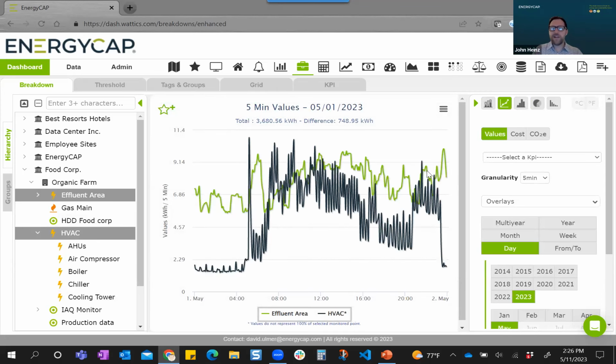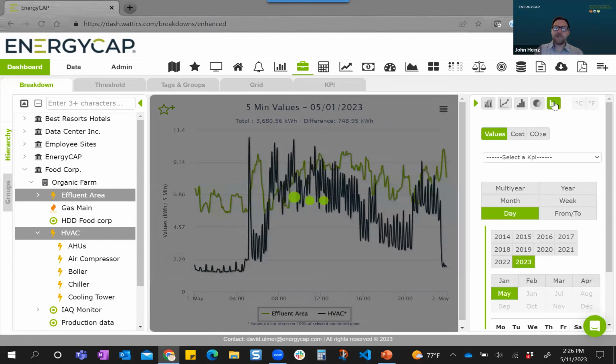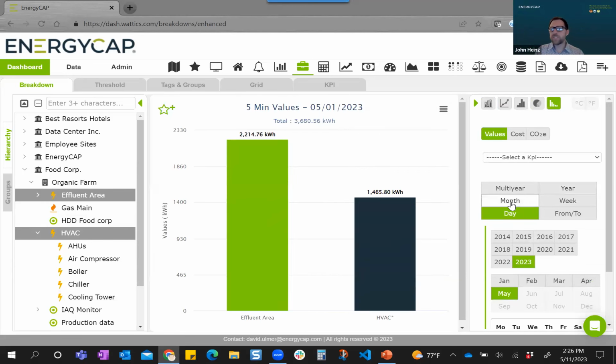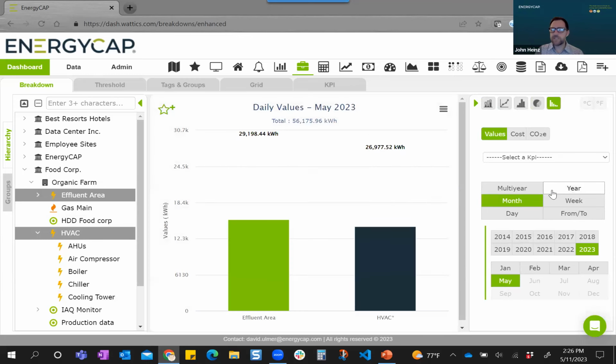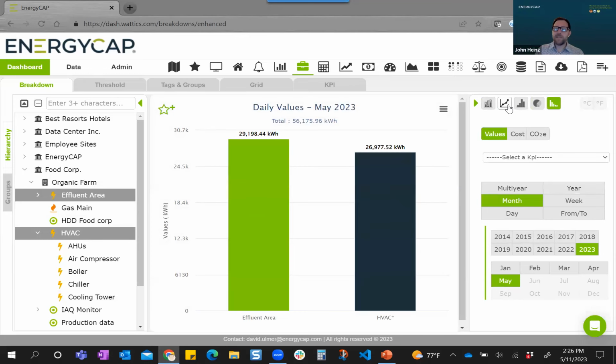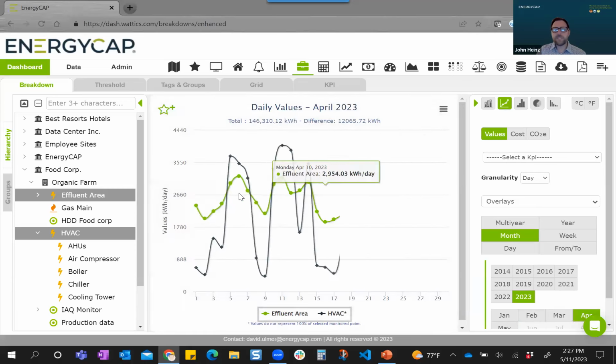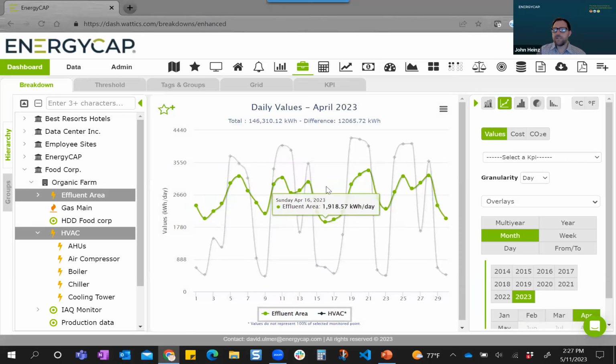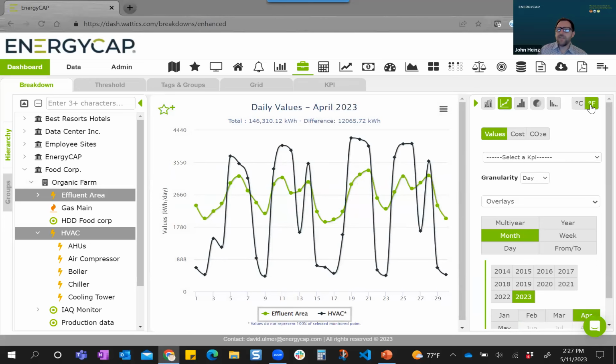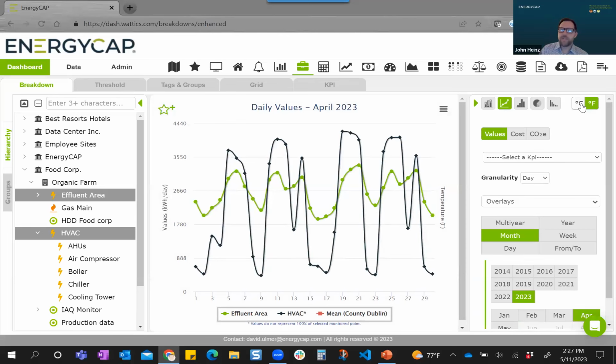This tool is very effective just to look at your data a lot of different ways. It rolls things up to monthly totals or yearly totals, and allows you to compare all that data. It lets you also overlay weather data. So in this case, I have 2 points, monthly views, and then I can overlay weather data on top of this.